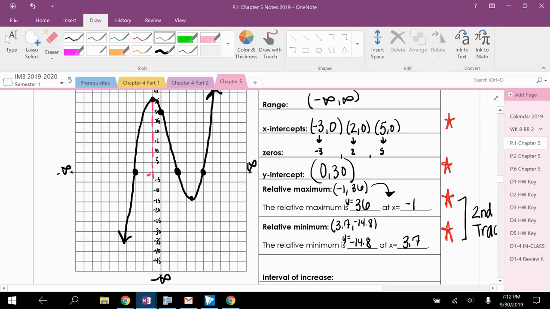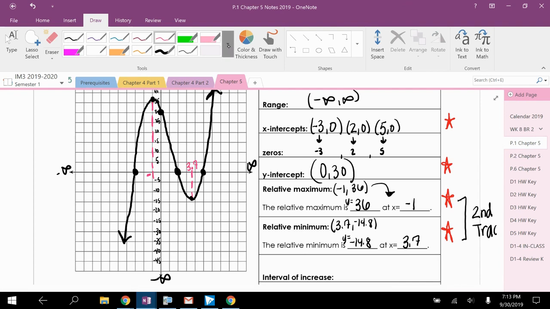Now your relative min, the x value, let's draw in our dotted line, is going to be at 3.7. That's going to really help you guys out with your interval of increase and decrease. I definitely recommend that you draw those in when you do it.